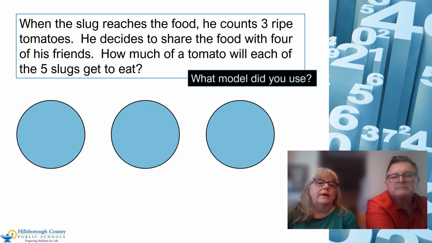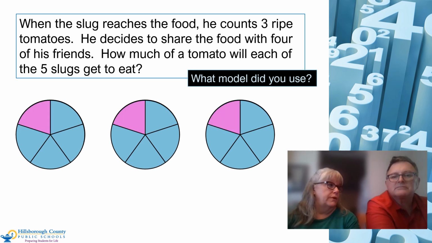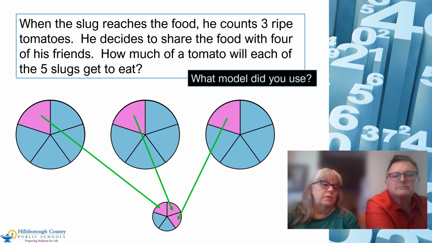I'm going to have to split each of these tomatoes into 5 parts so that I can give one of those 5 parts of each of the tomatoes to each of my friends and myself. So if I receive those purplish pink pieces of the tomatoes and I put them together, it's going to be a total of 3/5 of 1 whole tomato, which is what we would have received.